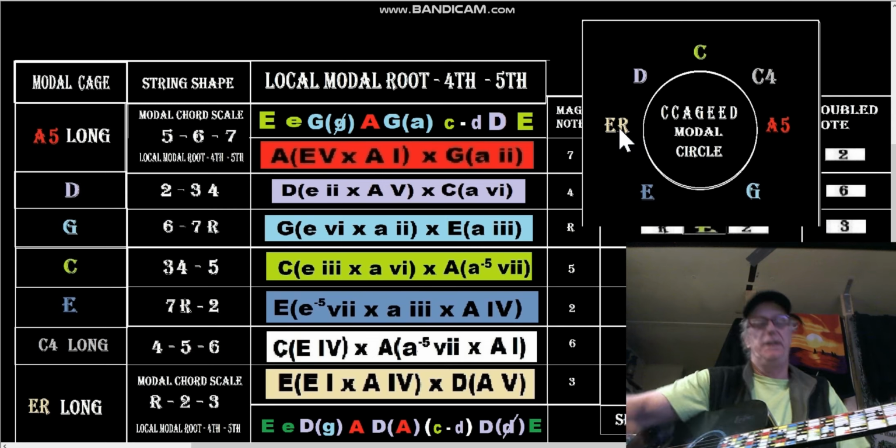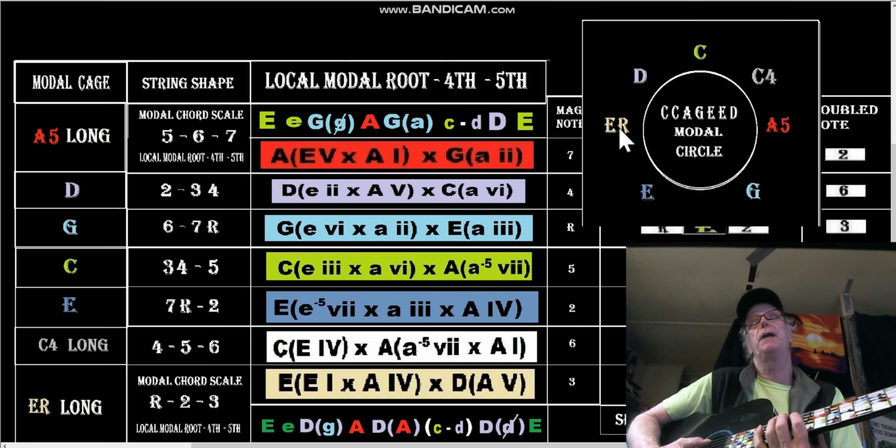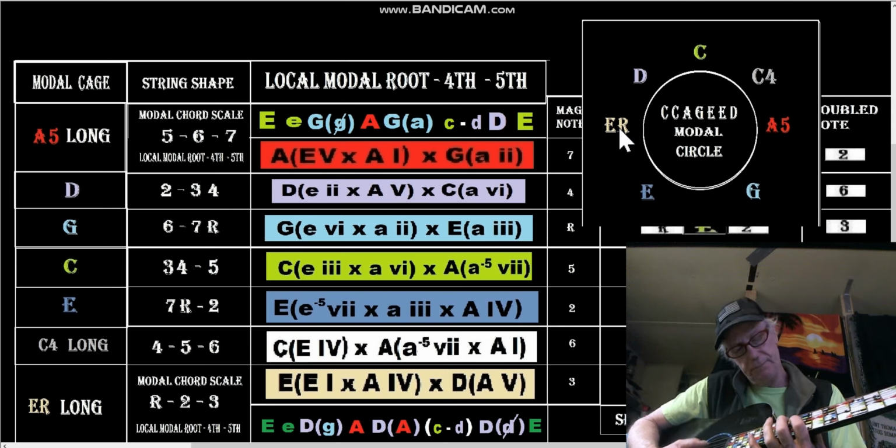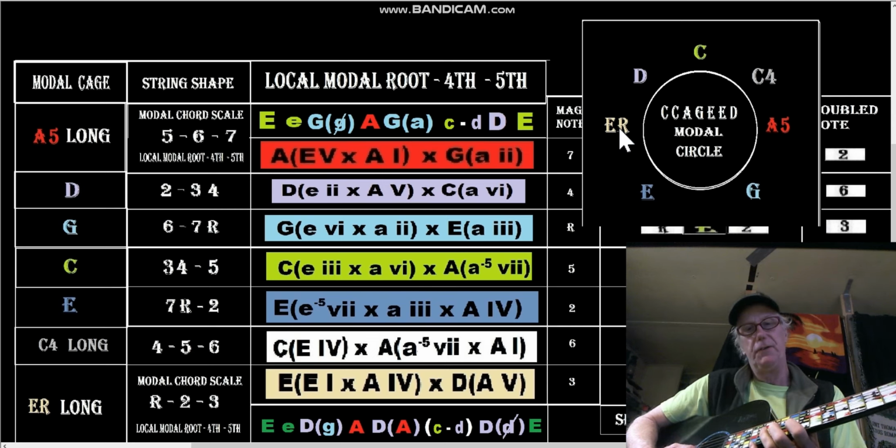So starting on the E string shape, in the short patterns, we'd have the E, the 5th of E is the C string shape, 5th of the C string shape is the G string shape, 5th of the G string shape is the D string shape, wrap up, 5th of D is A string shape short, 5, 6, 5th of A is back to E.